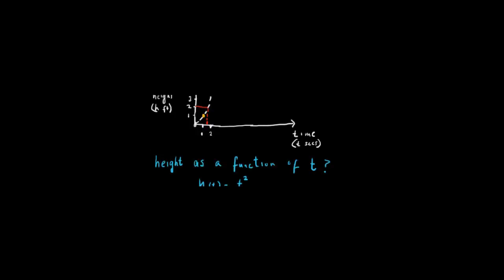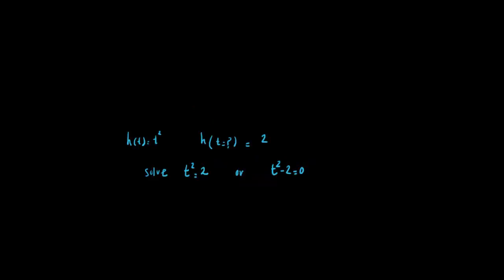Now, before we solve this example, let's say the height at different times is given by the equation h equals t squared. Now, this may be a different equation, but let's assume this is the equation that provides the height at different points of time. So algebraically speaking, our problem becomes: if height is given by h equals t squared, find the time when height is equal to exactly 2.